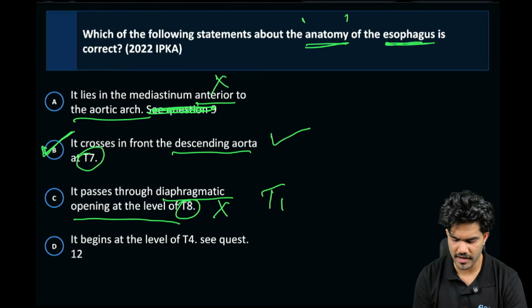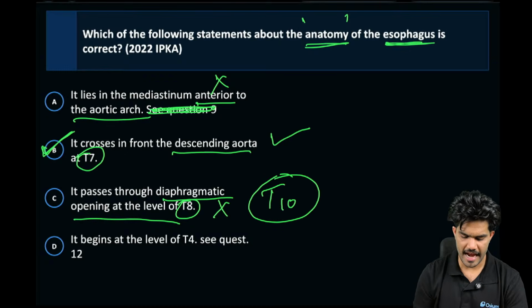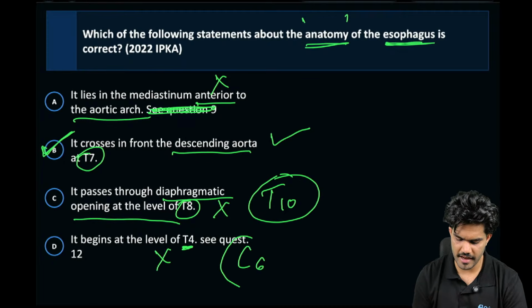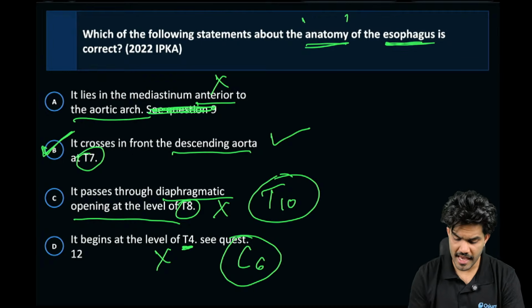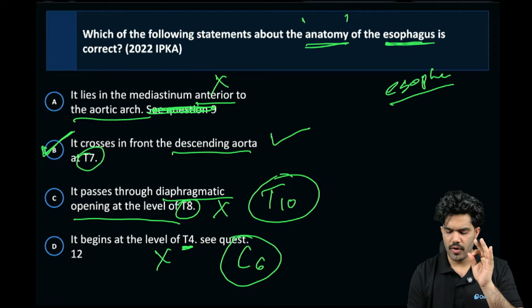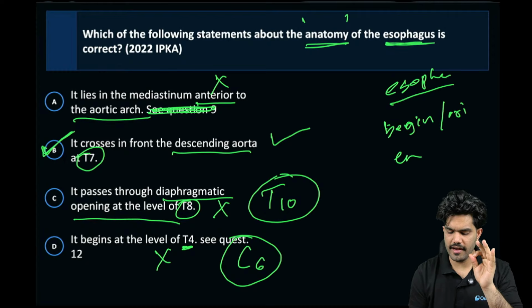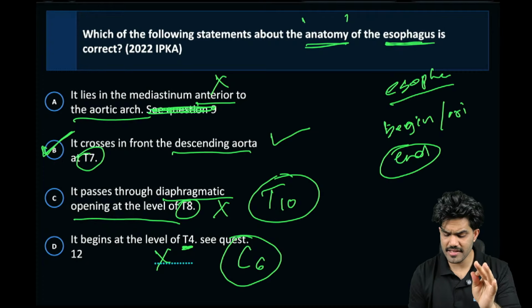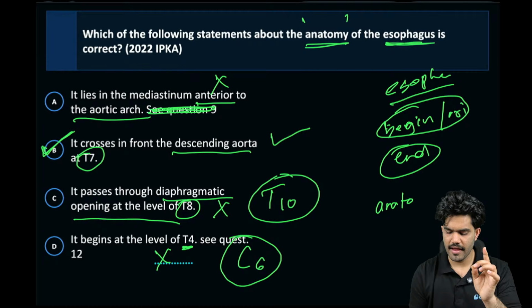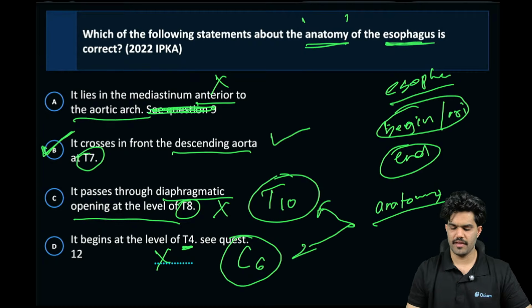No, diaphragmatic opening at T10. It begins at the level of T4. Is it true? No, it is beginning at the level of C6. See, if you know esophagus beginning or origin, ending, you just have to focus on detailed anatomy. Anatomy means location, these kinds of locations. Okay.